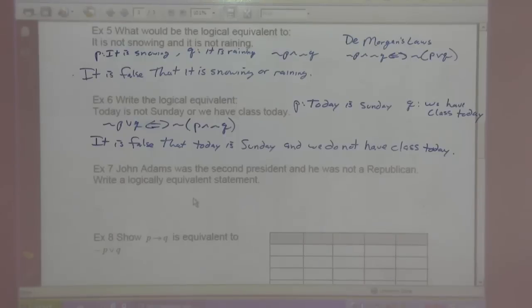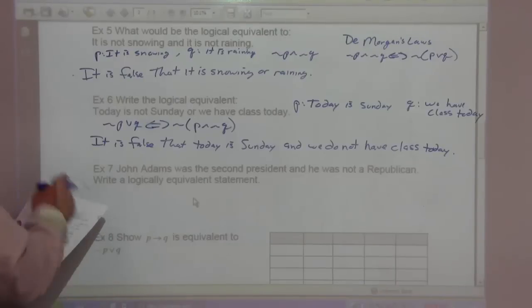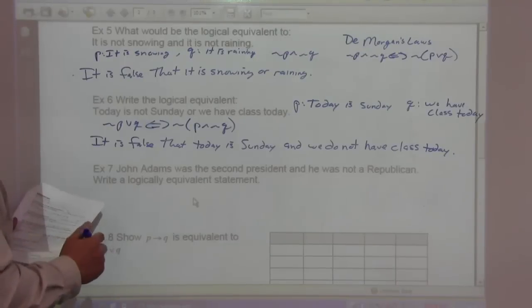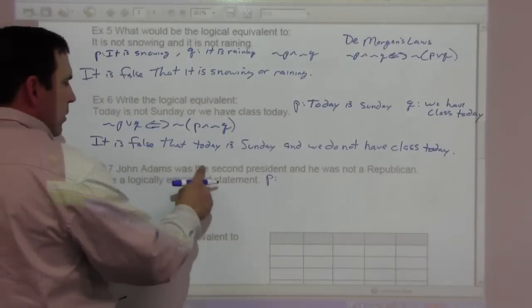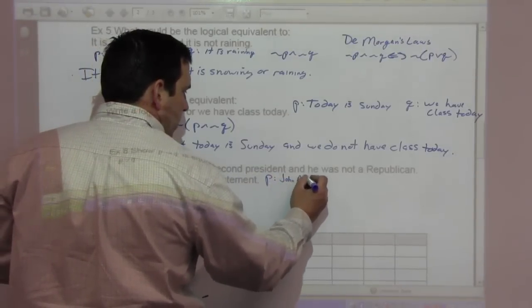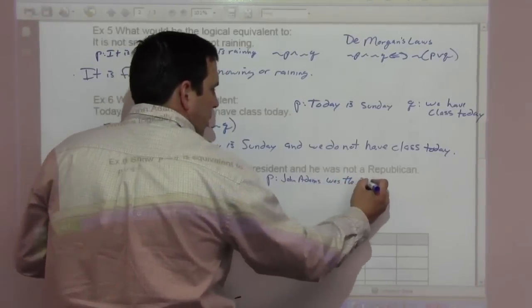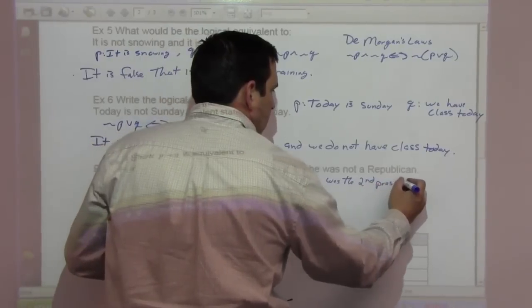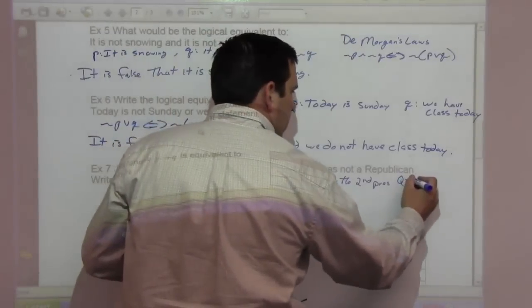Okay, example 7. John Adams was the second president and he was not a Republican. Write a logically equivalent statement. Okay, so our P would be John Adams was the second president. The Q would be he was a Republican.